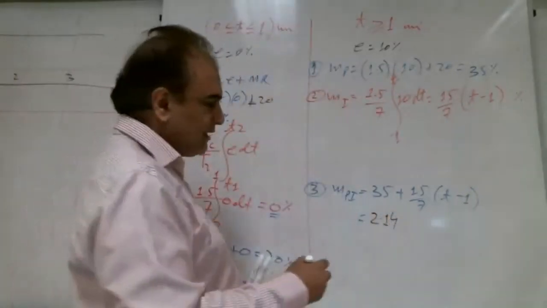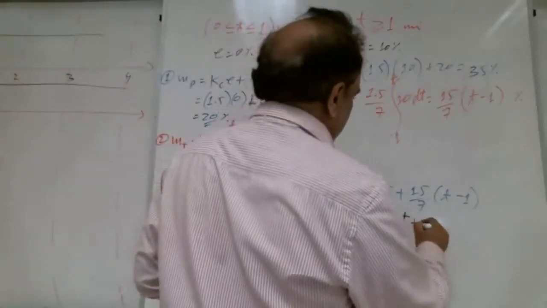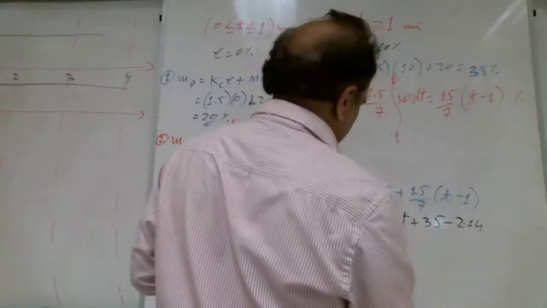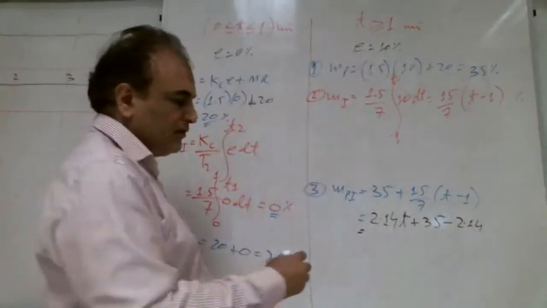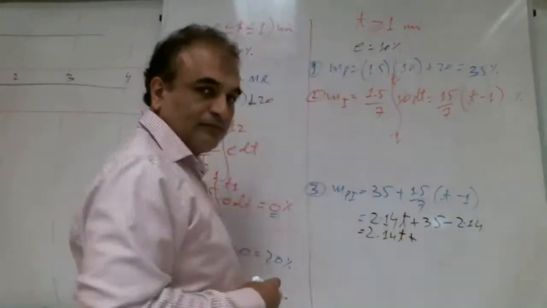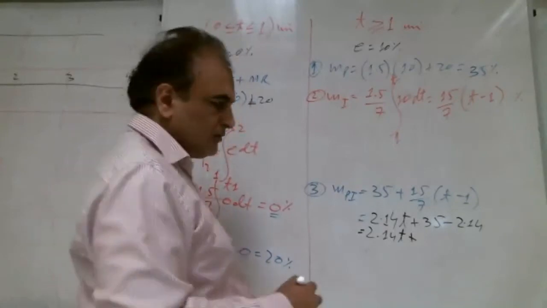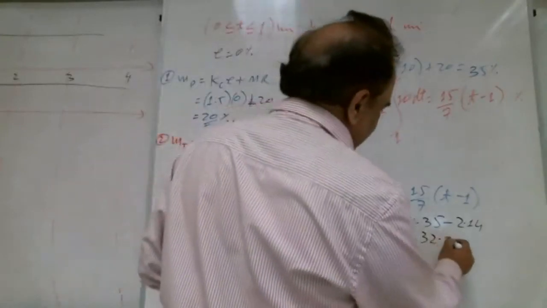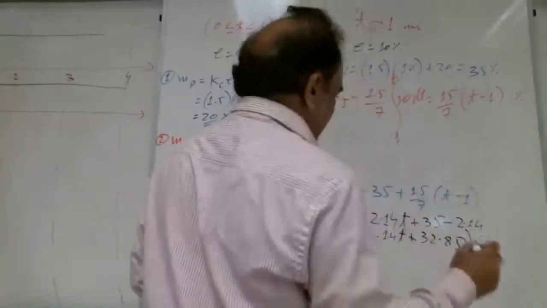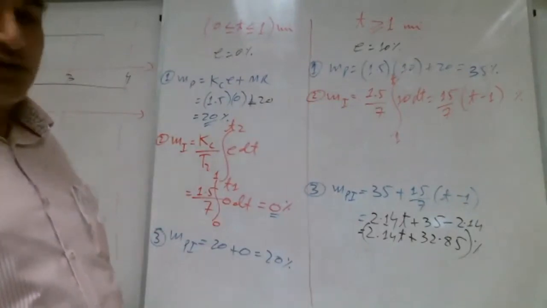Brother Ali is telling 2.14. So 35 minus 2.14, how much? 32.85. Shiva, please confirm everything, because whatever the brothers are telling, I'm just noting.